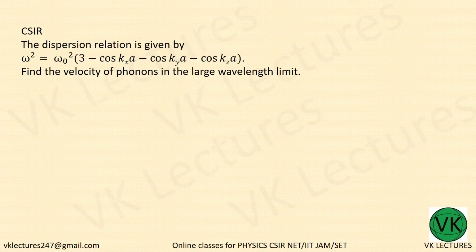Just like the previous question, we can write cos theta is equal to 1 minus theta square divided by 2 factorial.